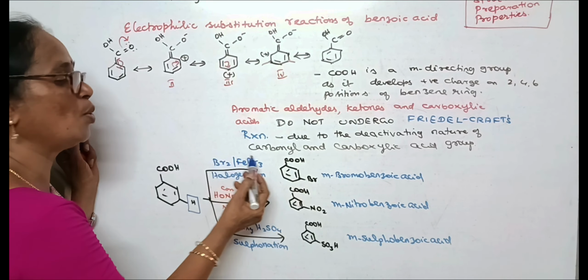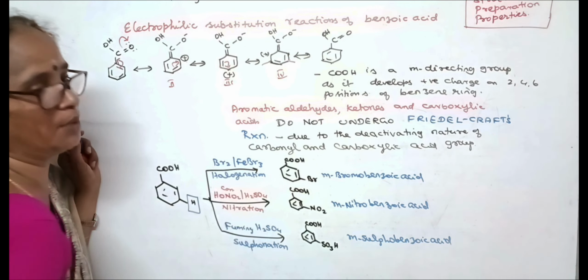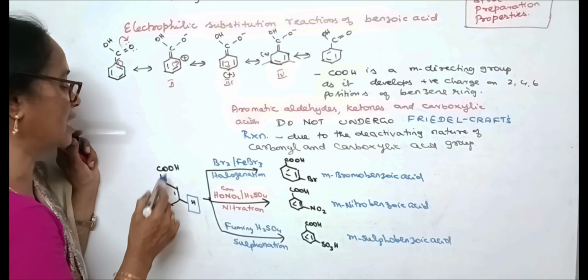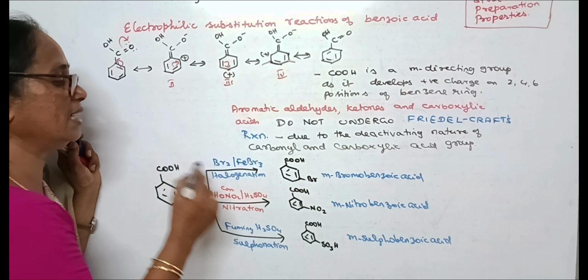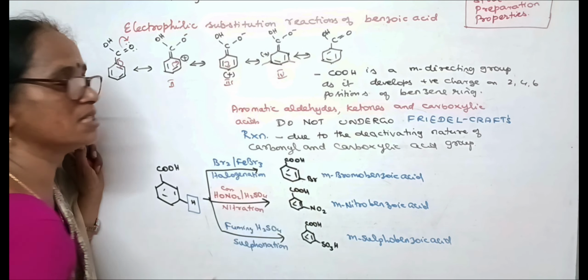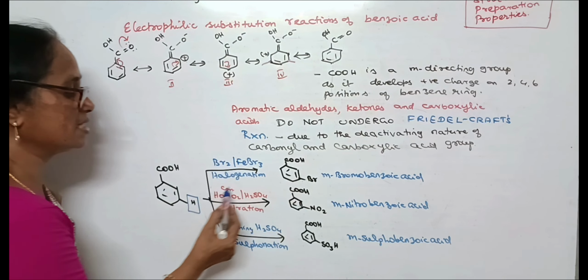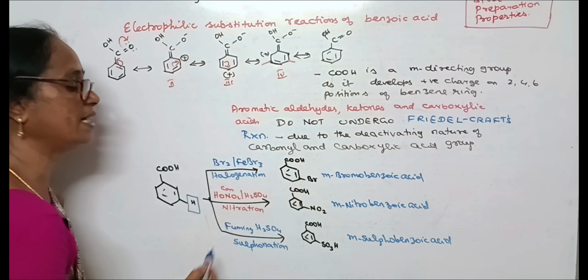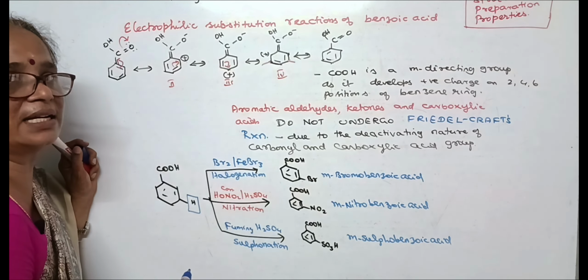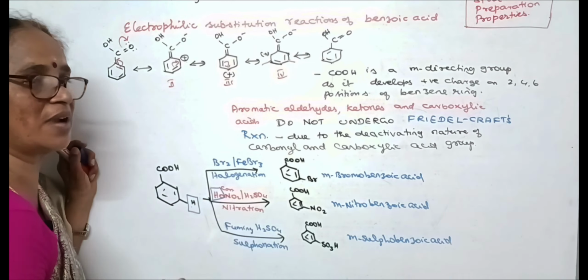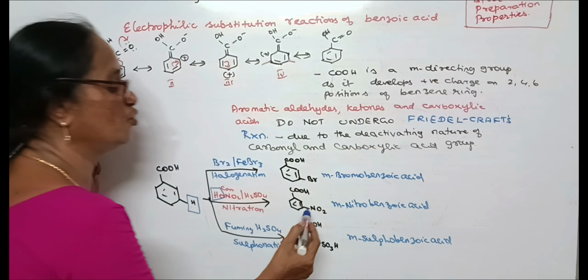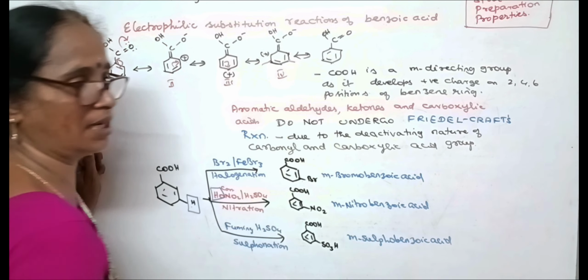So during the bromination, in presence of ferric bromide, we need the catalyst because of the deactivating nature of carboxylic acid. It gives meta-bromobenzoic acid. Or if it is nitrated in presence of concentrated nitric acid and concentrated sulfuric acid, this hydrogen may combine with the OH of nitric acid to form meta-nitrobenzoic acid.